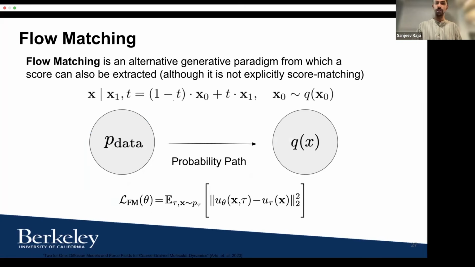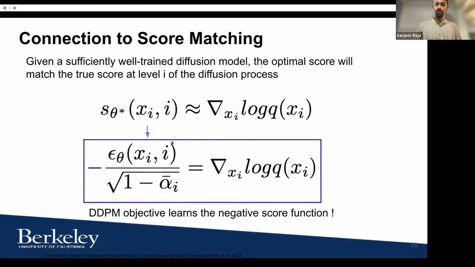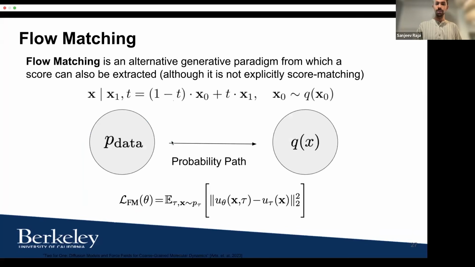And flow matching is another paradigm from which a score can also be extracted, where you're just changing the probability path. Your path is no longer this variance preserving SDE, but it's usually a simple linear interpolation. And the regression target is, instead of learning a score or a denoiser, you learn a velocity field.